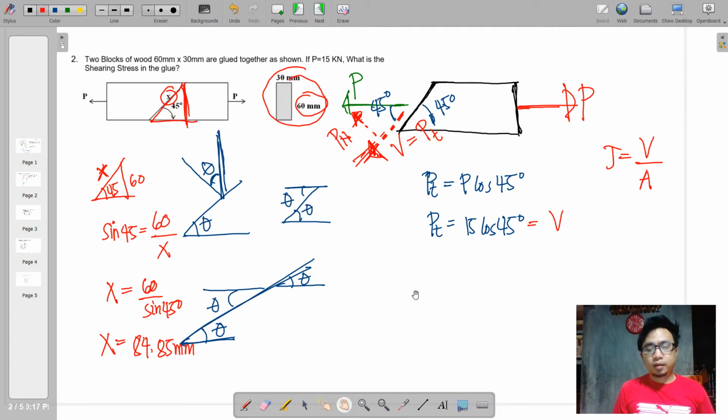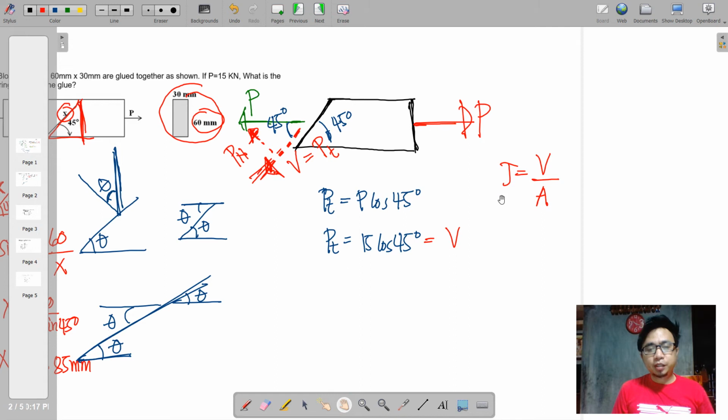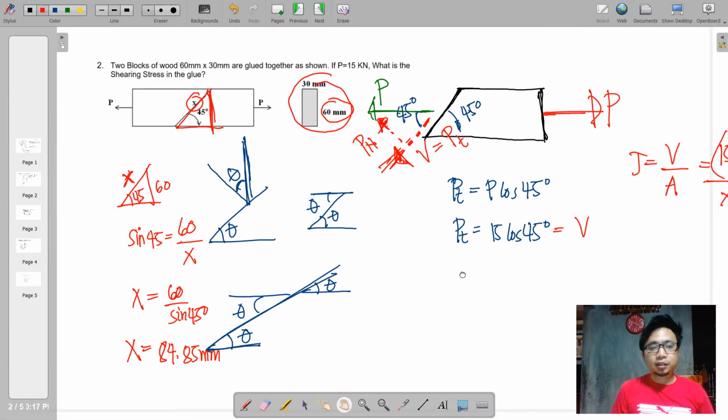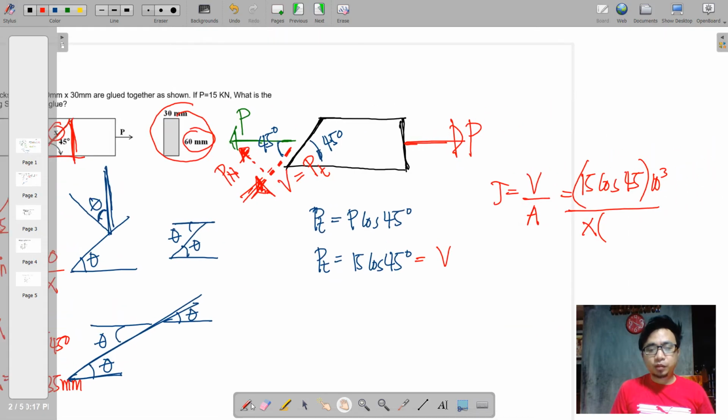Okay, so we are now ready to use this. So our V is 15 cosine of 45, which shall be multiplied by 1000 to make it in newtons. And then the area is actually the value of X multiplied by the thickness. And the thickness is found to be 30 millimeters.